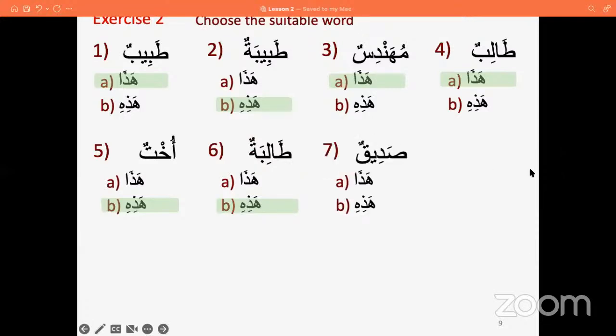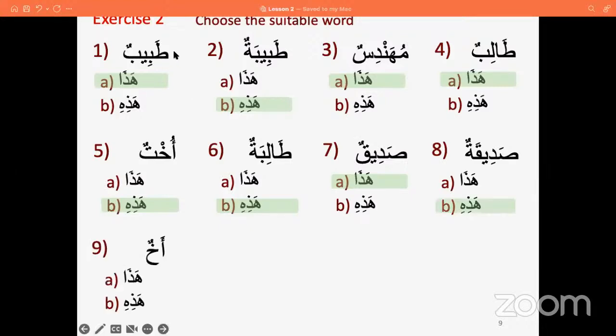Excellent. How about the word صديق? Is that هذا or هذه صديق? Right, so it's هذا. Is it صديقة? Is it هذا or هذه صديقة? Okay, excellent. How about the word أخ? Is it هذا أخ or هذه أخ? Excellent. How about the word مهندسة?